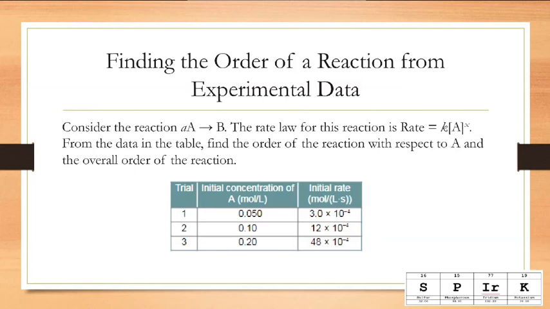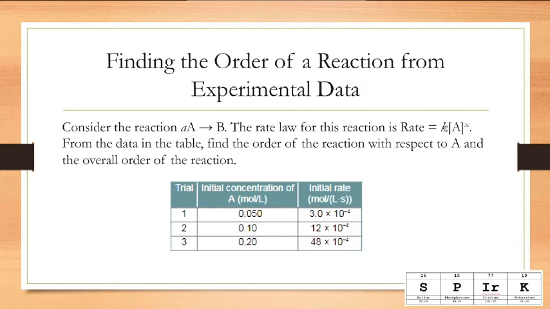So what we did here was we did this reaction 3 times. You can see there are 3 trials, and we just ran the reaction from A to B. In the first trial, the concentration of A is 0.050 molar, and the rate of that reaction is 3.0 times 10 to the negative 4 molar per second.